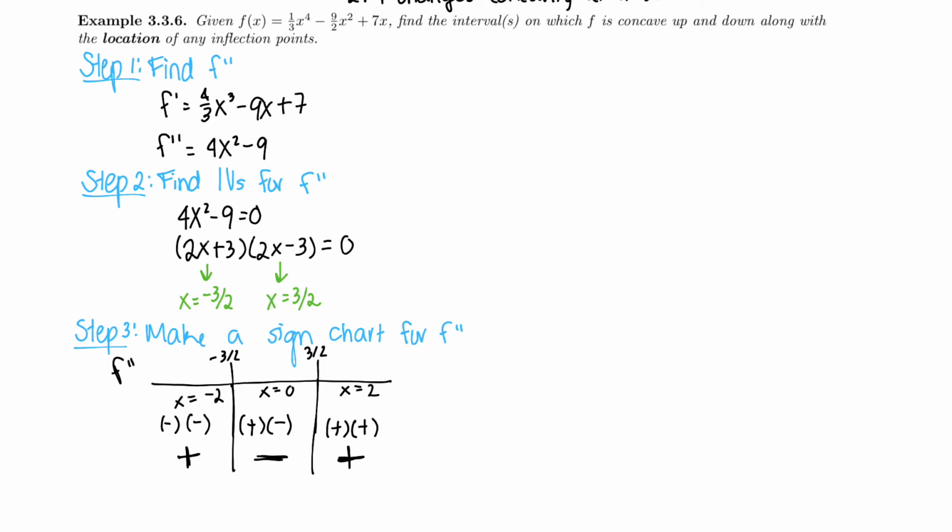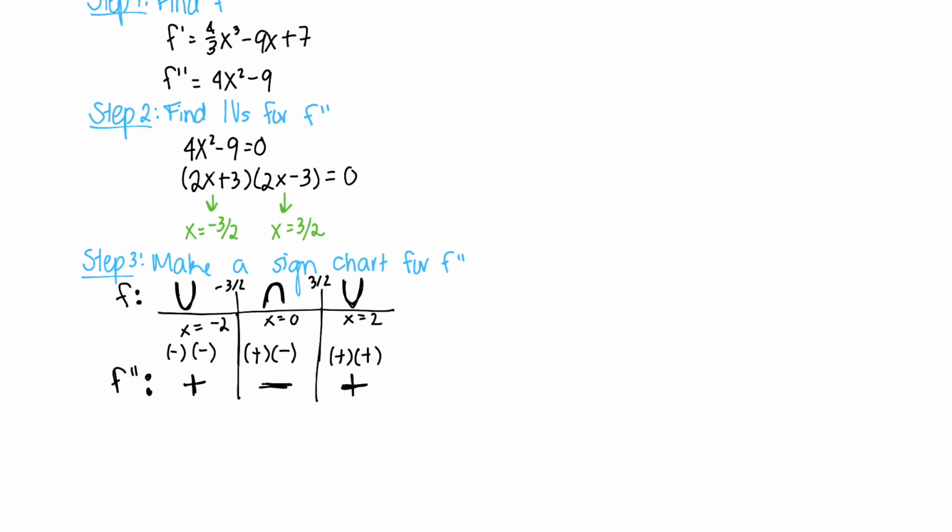F double prime being positive means that the original function f is concave up. If f double prime is negative, the original function f is concave down. If f double prime is positive, f is concave up. Notice that concavity changes at both negative 3/2 and 3/2, so those are going to be inflection points.